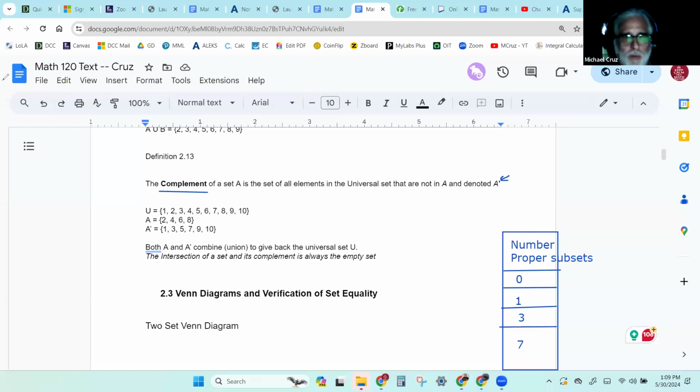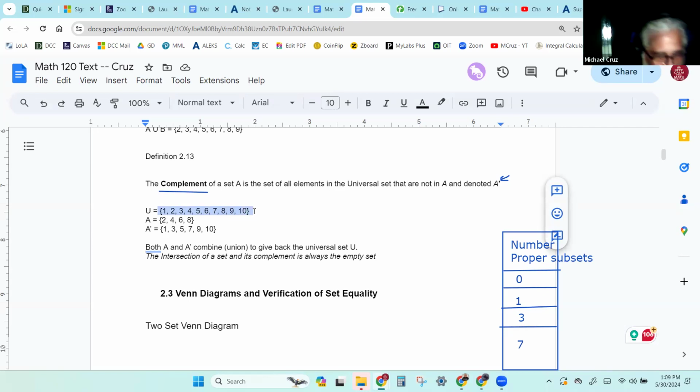Well, look at this. Let U, the universal set, be the natural numbers 1 through 10. Now, A is going to be 2, 4, 6, and 8.